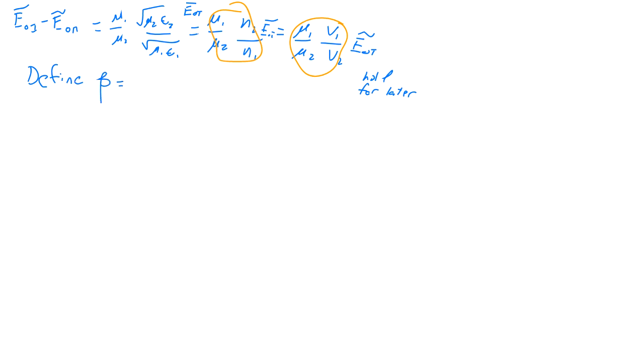We're going to see things using that a lot, so we're going to call that ratio beta. Or another way to say that, mu1 and 2, like that, right? So again, hold on to that. So another way to say this is now, actually, what we're not going to hold for later, what we're going to have is E naught incident minus E naught reflected is just equal to beta times E naught transmitted.